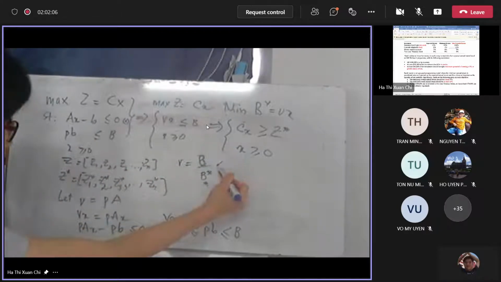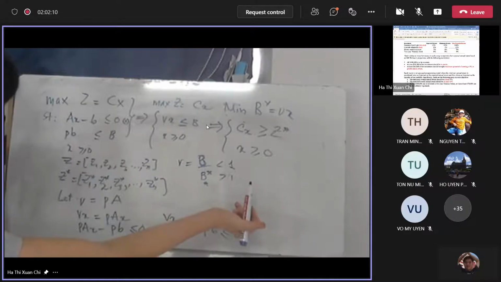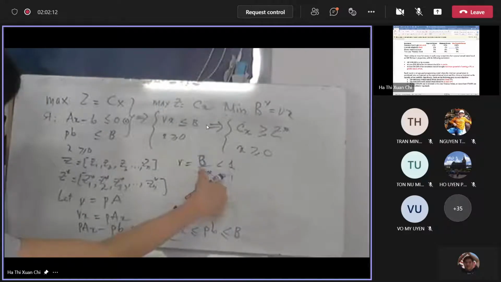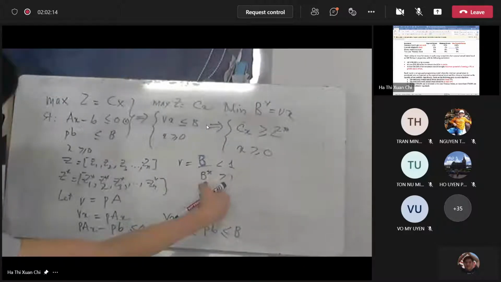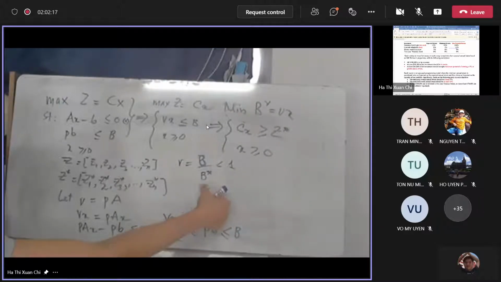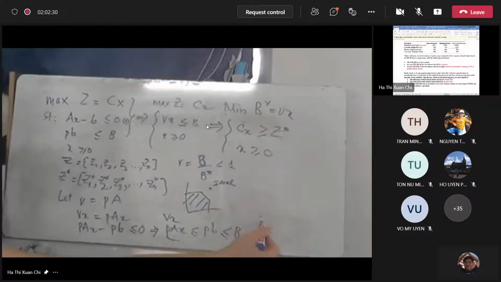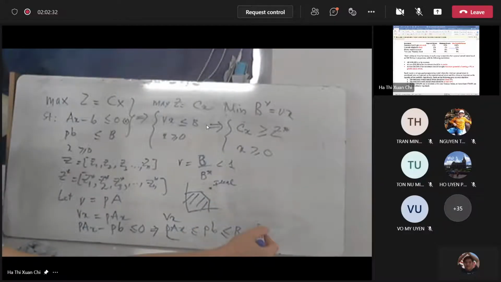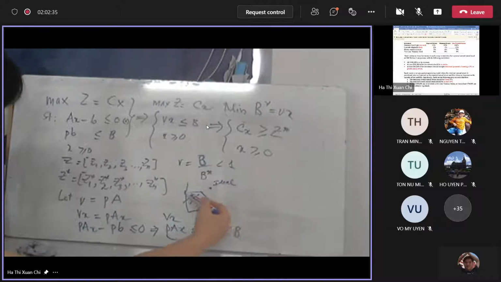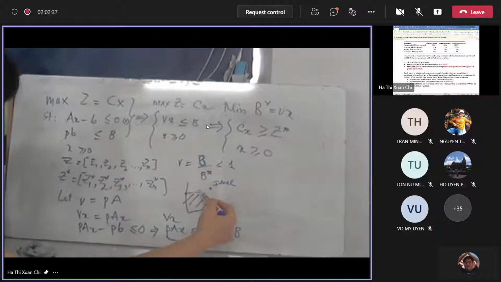That may be less than 1 or greater than 1, or maybe the same, because we must pay more money if we want to reach that point. For example, if the original purchase is that P, and this is the ideal point, right now we must pay more money.